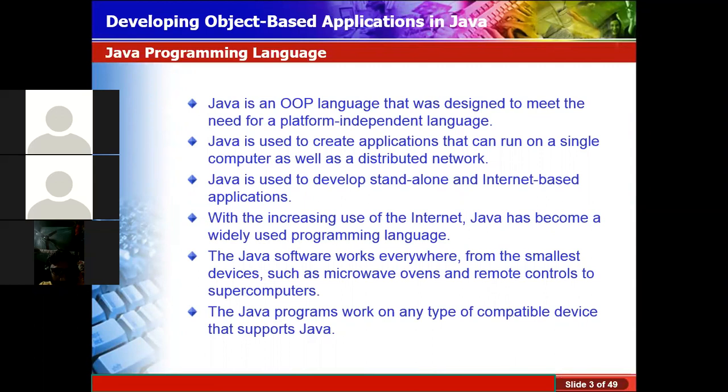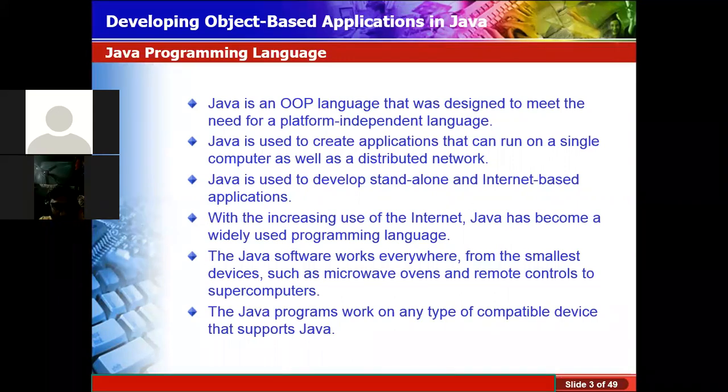So Java means that software is used everywhere. Got it? It means it is a compatible device, which is portable. Portable means it will be used in every device.